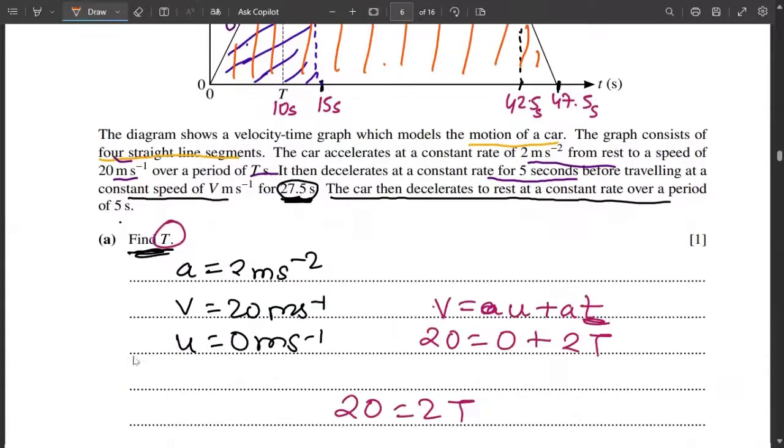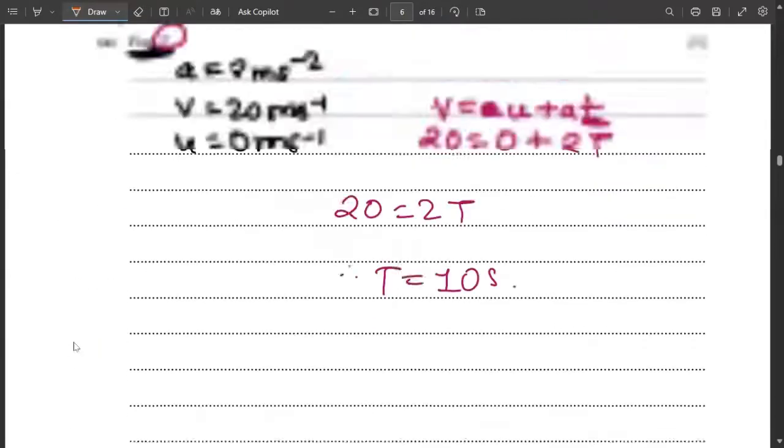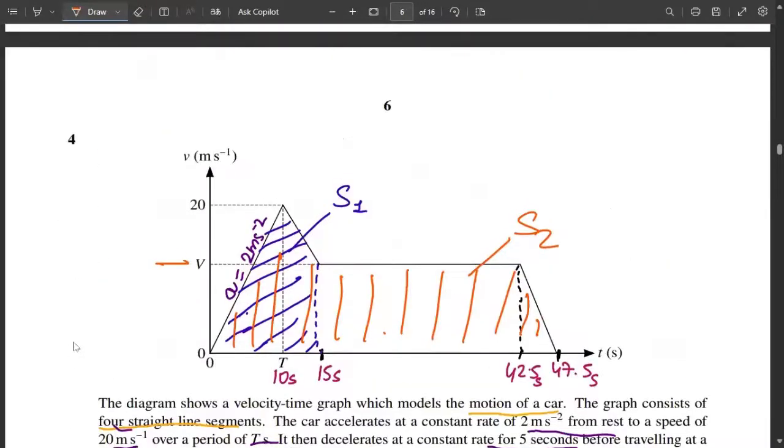And what they are telling is S1, which is this, is one third of S2. And they have asked us to find V. Now, what is V exactly? V is the point after which the car starts to move in a straight line.